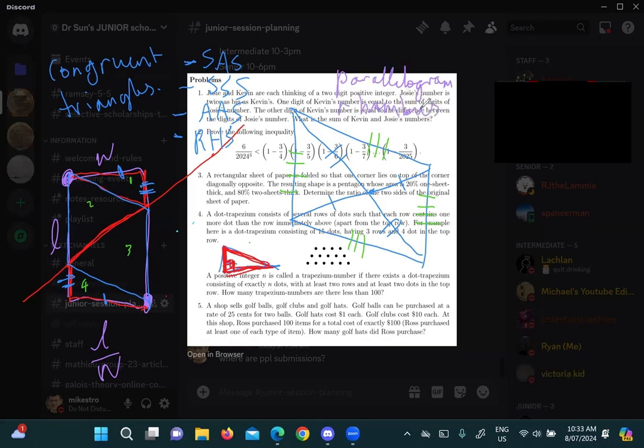For example, in a parallelogram, we know these sides are parallel, right? And then somehow we can conclude that the opposite sides have the same length.